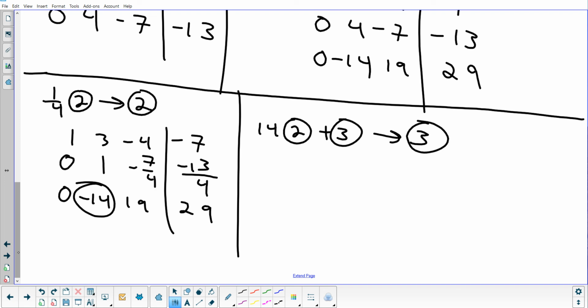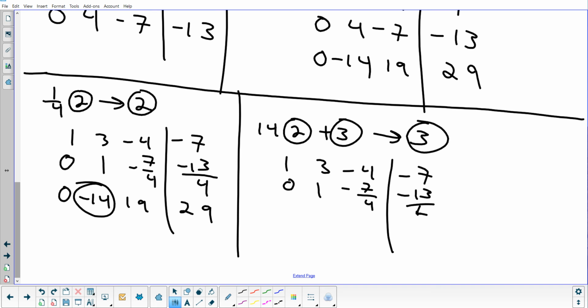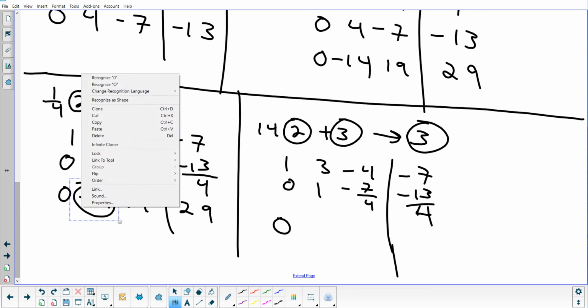And second row. 1, 3, negative 4, negative 7. 0, 1, negative 7/4, negative 13/4. All right. And what's 14 times 0? Plus 0. 1 times 14? Plus negative 14? 0.